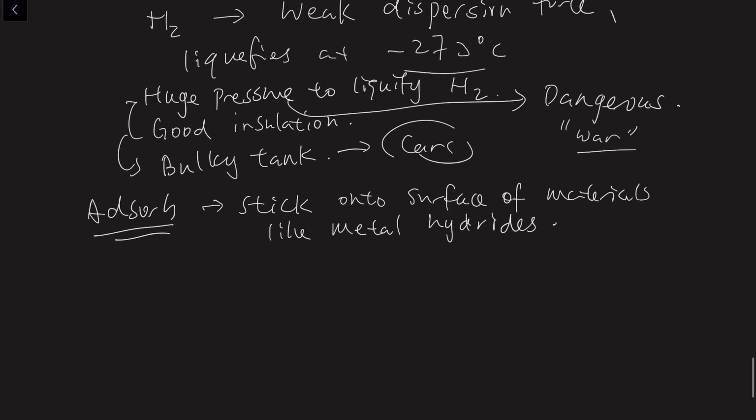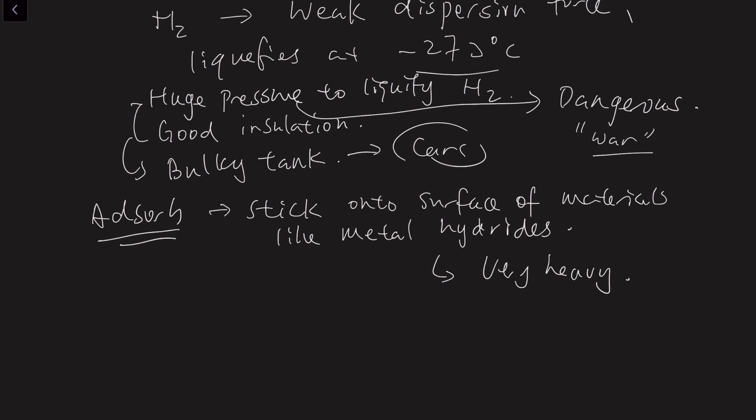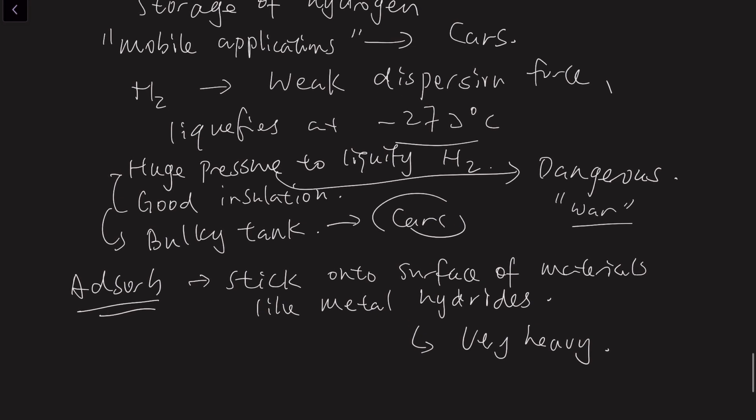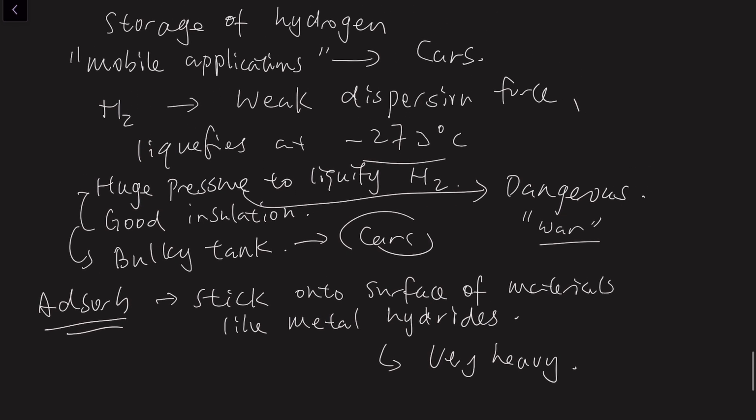But because it's a metal hydride, it's still very heavy, so it does not solve the underlying problem. We want it to be light and easily transported in order to use it in things like cars. And because it is dangerous to store hydrogen, it's really difficult to use this hydrogen fuel cell in large applications.